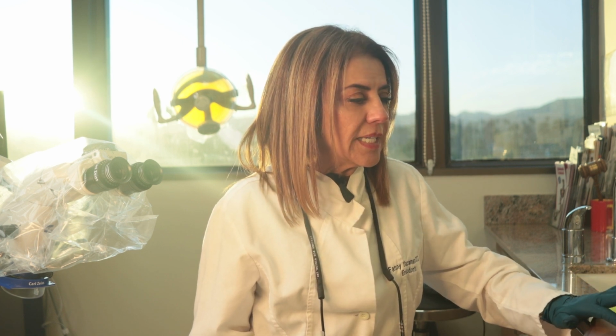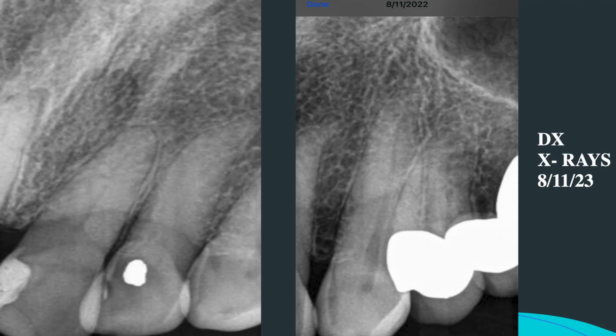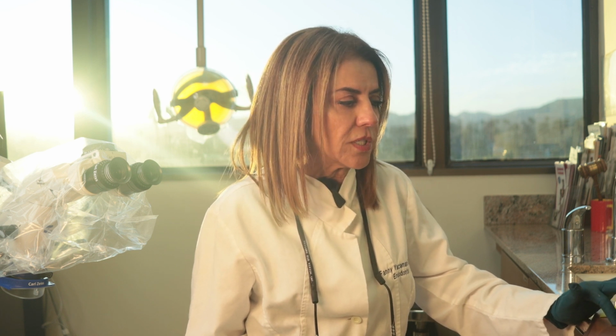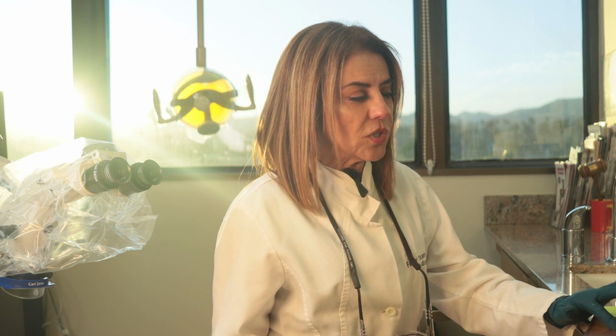So we checked this tooth and finished a root canal. And unfortunately with a microscope, I didn't want to take more pictures because of the patient's age. And she started getting sad, knowing that here she has a couple of oblique fractures, the way I was showing you, and she's going to lose the tooth. The sad thing about this situation is telling the patient you're going to lose this tooth.